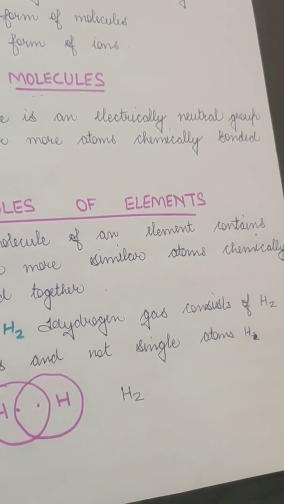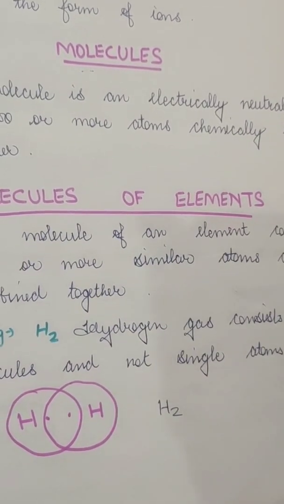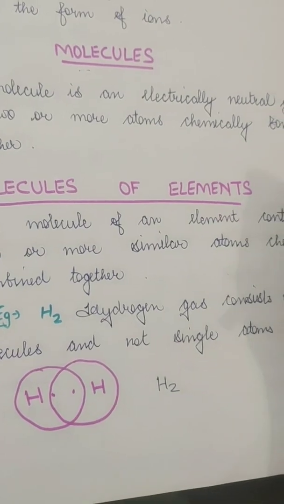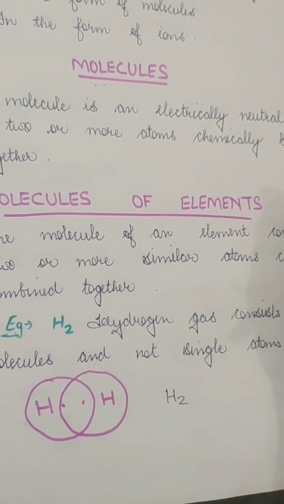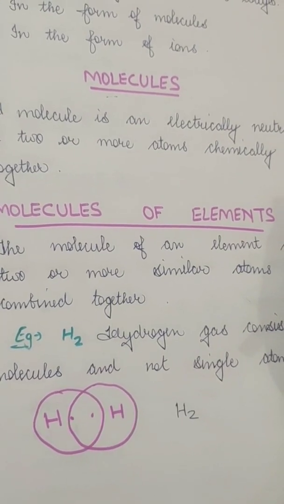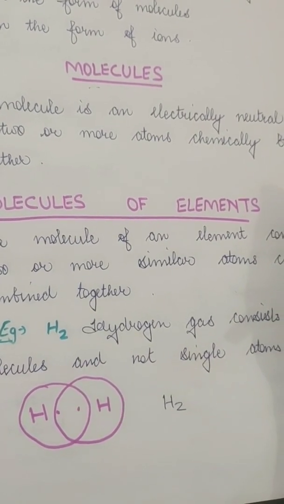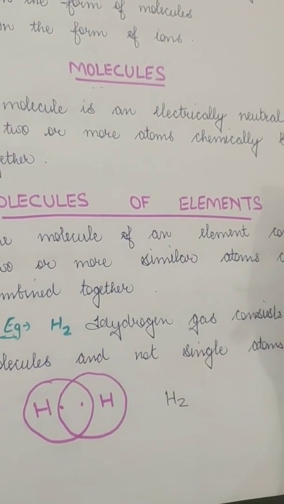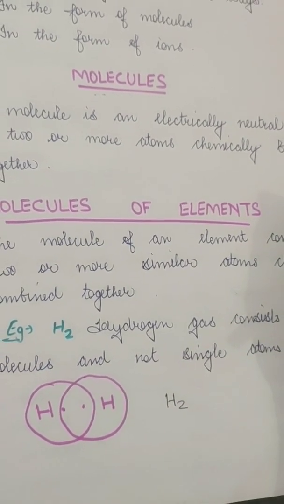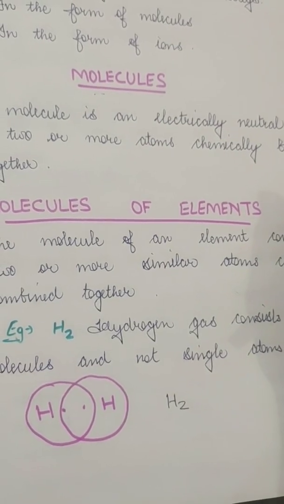Now the atoms of the elements are very reactive. We know that they are very reactive, and that is why they don't exist in the free state. Free state means they don't behave as a single atom. Molecules can exist in free state because molecules are stable.